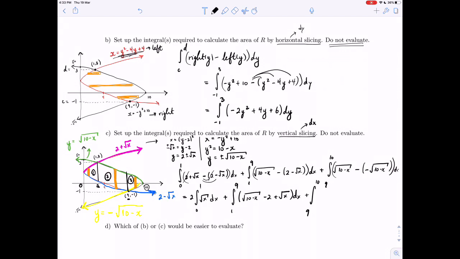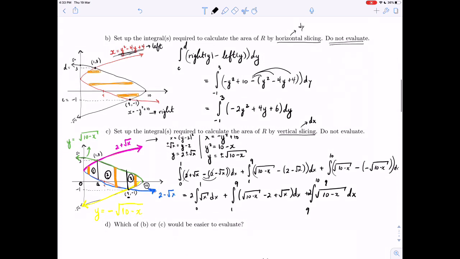The same thing, those minuses are going to cancel, so I'll squeeze in the 2 out there. The roots of 10 minus x dx. And that is the expression of 3 separate integrals, the sum of 3 separate integrals that would give us the area of R calculated by vertical slicing.